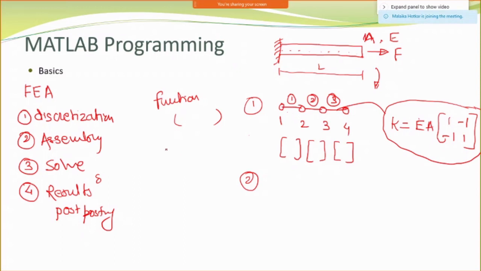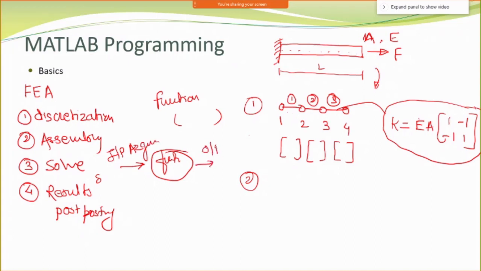A function typically takes some input, which is called the input arguments, and the output is called the output argument. The function also has some logic. Just take an example: I take E and A as inputs to my program and put them into the stiffness matrix.